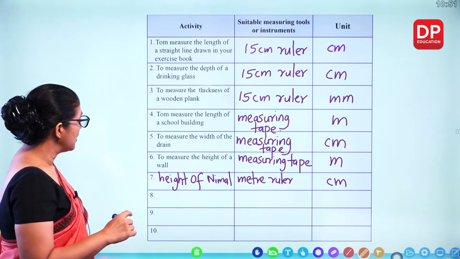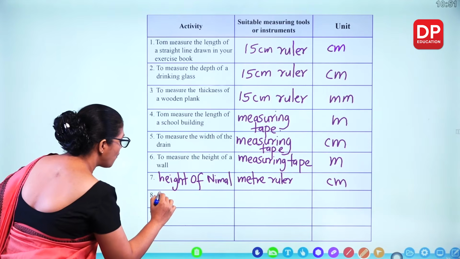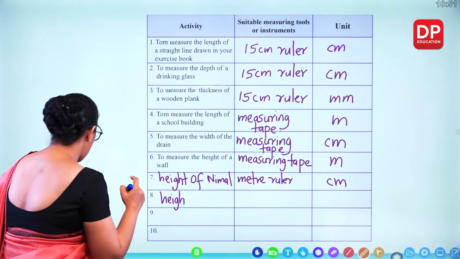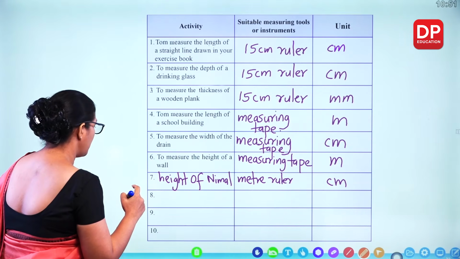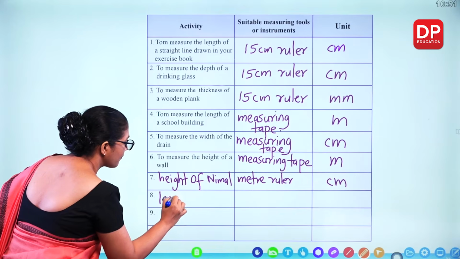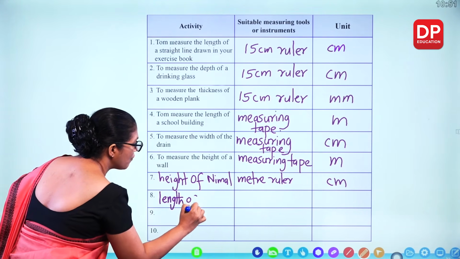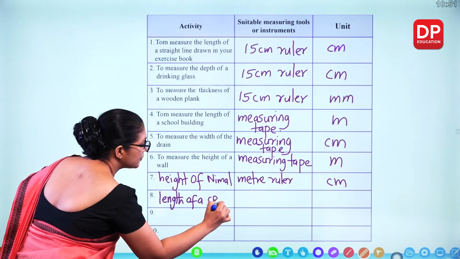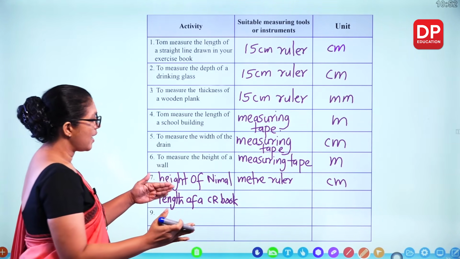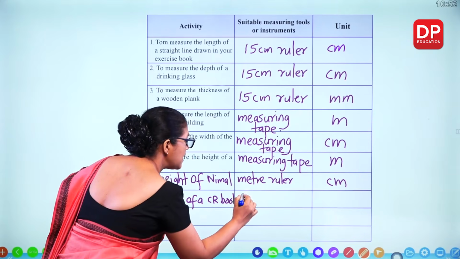Then height of a CR book. We don't say height, we'll say length of a CR book. So here, this is big, so you can take a 30 centimeter ruler.